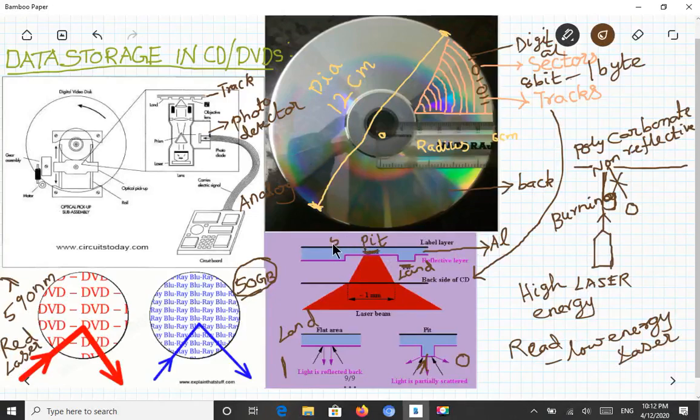of 590 nanometers. But whereas if you use the blue light, which has a wavelength of around 400 nanometers, which is smaller when compared to red. So this is 590 and this is 400, something 100 times lesser, right?